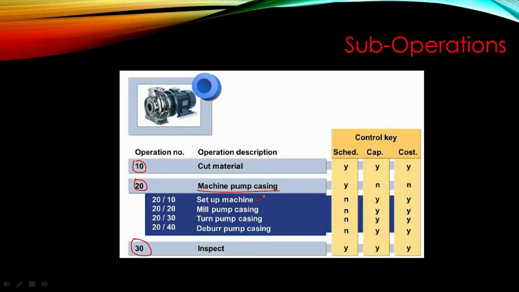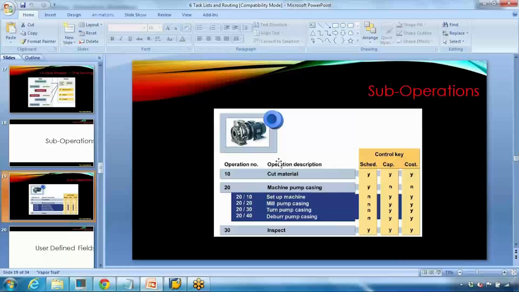First is setup machine, then mill pump casing, turn pump casing, double pump casing. So you can assign it, it will be a more detailed routing. So let me go back.